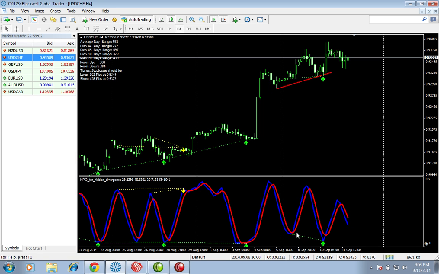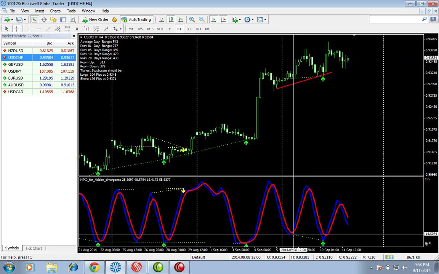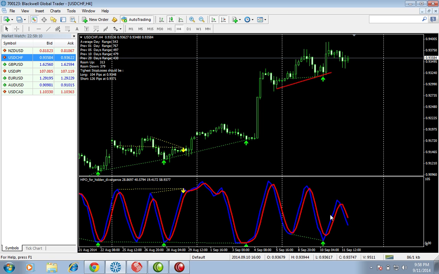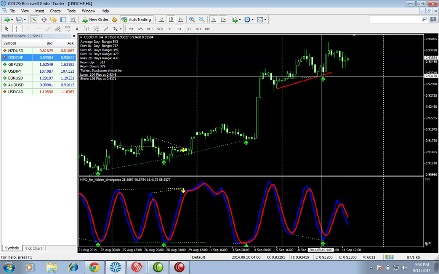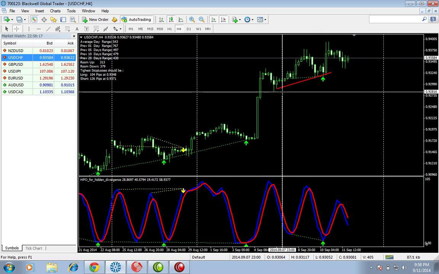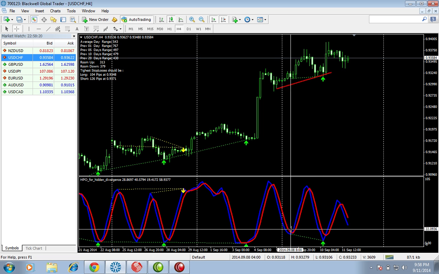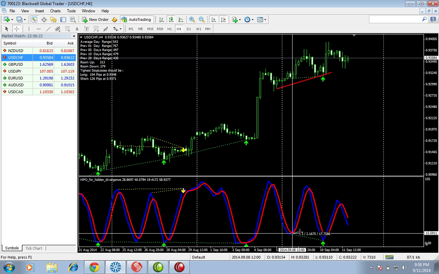The oscillator should also be doing the same thing, since in theory the oscillator does what price does. It follows price. It is a lagging indicator, so it is logical to believe that if price is making a higher low, this is a low higher than this low, the corresponding part of the oscillator should also be making a higher low.